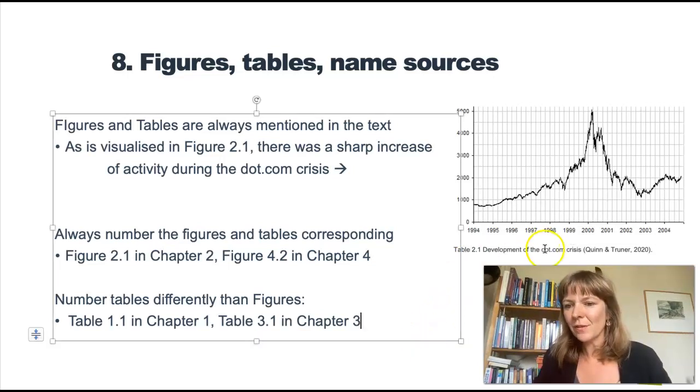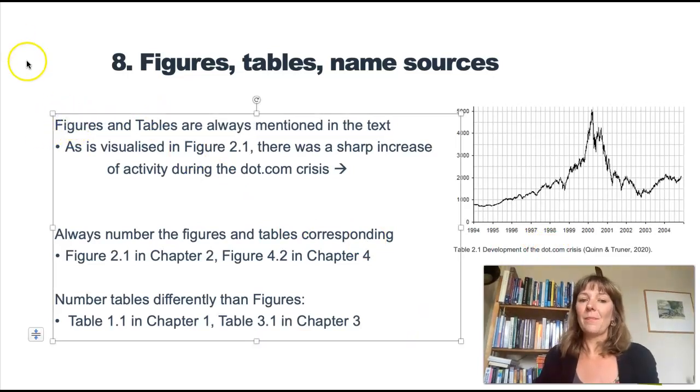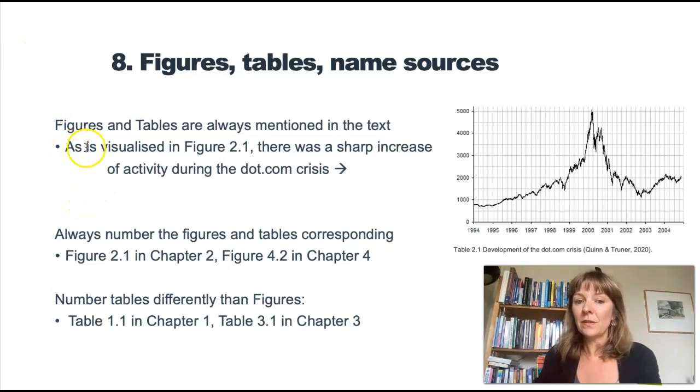1.2.1, development of the dot-com crisis, and in the text you can say, as is visualized in figure 2.1, there was a sharp increase of activity during the dot-com crisis. So it's very important, if you have a figure, a table, or something else, then always refer to it in the text.